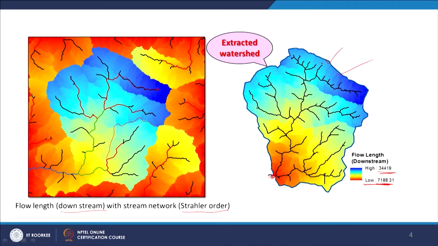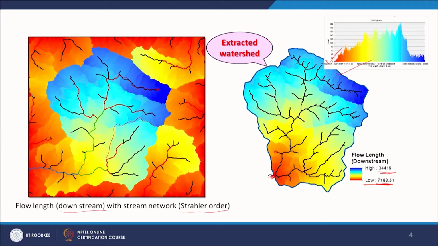So naturally the flow length from this point to the outlet is much higher than from this point to this point. That will allow us to estimate the time of concentration, especially related with water or sediments.